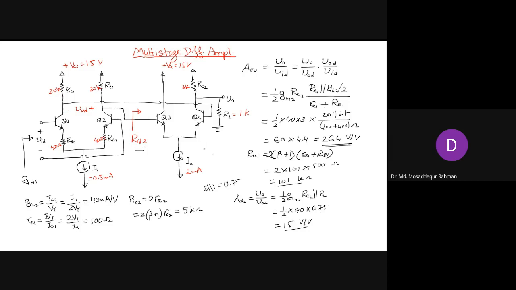That is disastrous. This is the loading effect. So how do we overcome this problem?